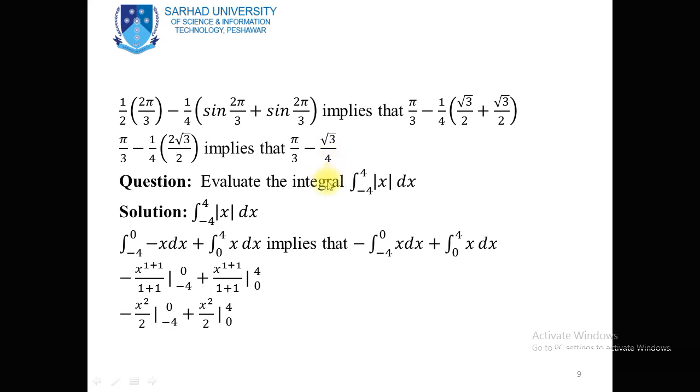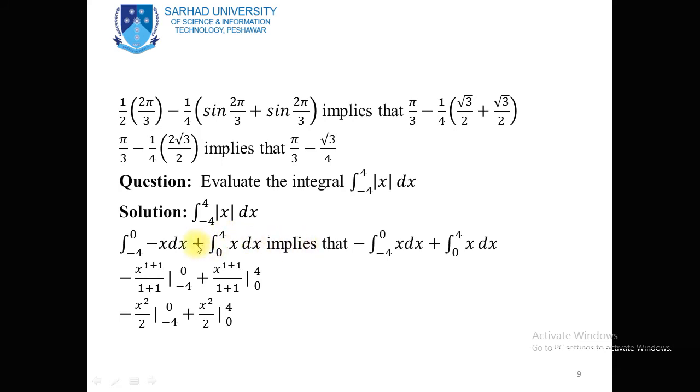Now to evaluate the integral from minus 4 to 4 of absolute x with respect to x. So dear students, note that absolute x is equal to plus minus x. So for minus x, the limit of the function will be from minus 4 to 0, and the limit for the plus x will be from 0 to 4.